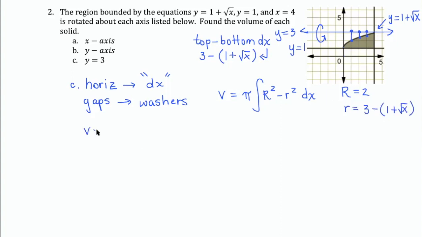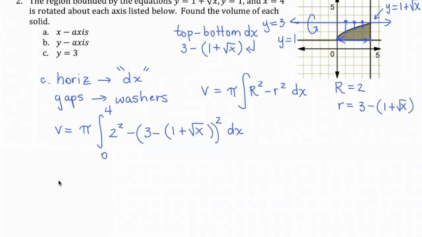And we substitute here. The only thing we need in addition is what our limits of integration are. If we're looking at the x-axis, the entire shape stays between 0 and 4. So this is what we're integrating this time. This integral does clean up a little bit.